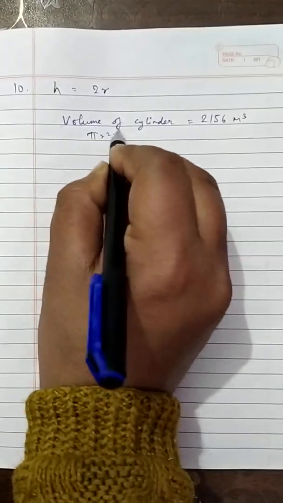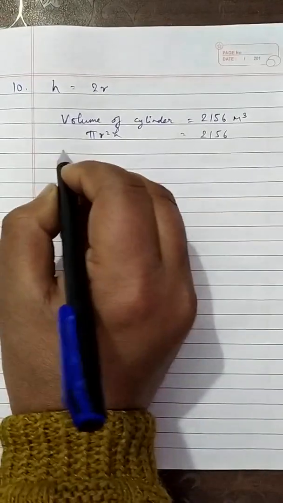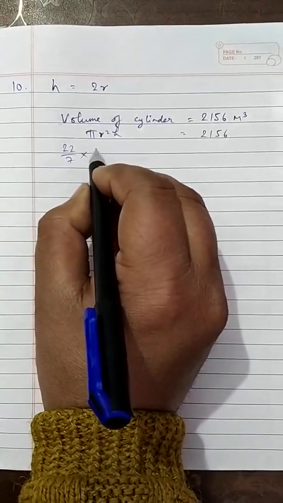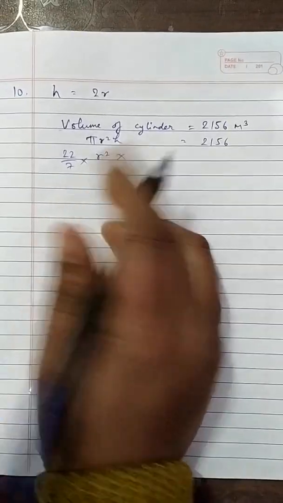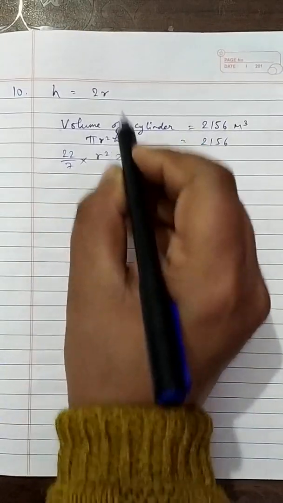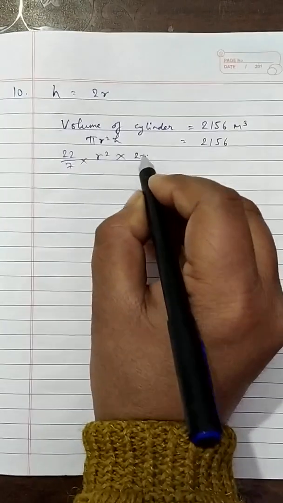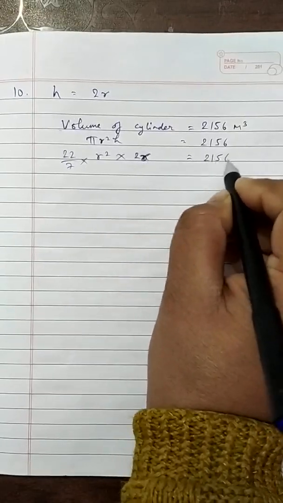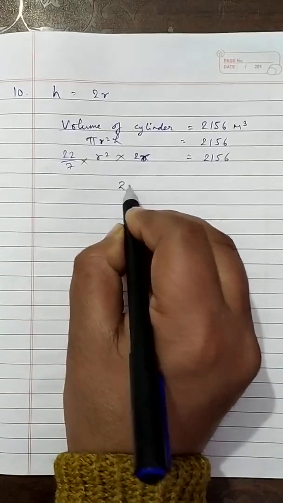The formula for volume of cylinder is pi r square h. This is pi. R square, because the value of r is not given, but we can consider h as 2r. So we'll replace this h with 2r. Now r square into 2r gives you 2r cube.